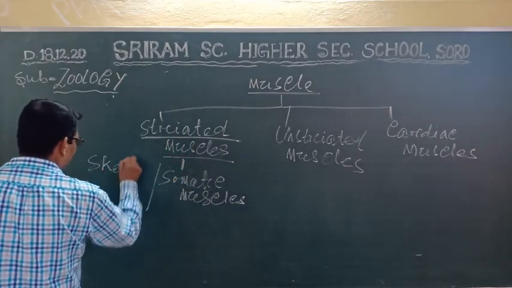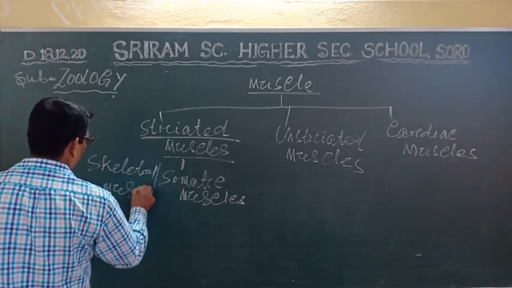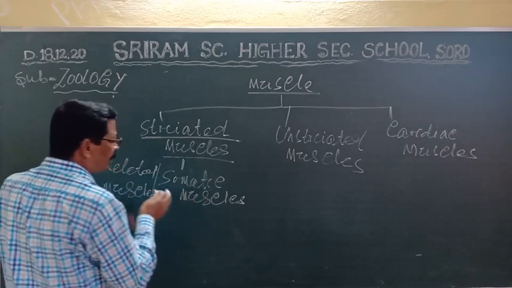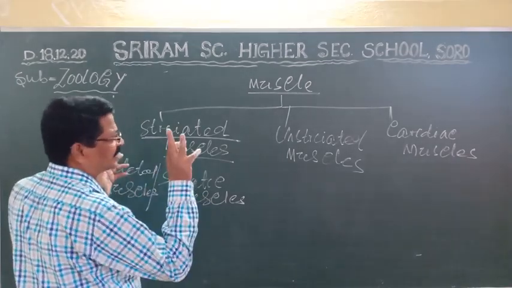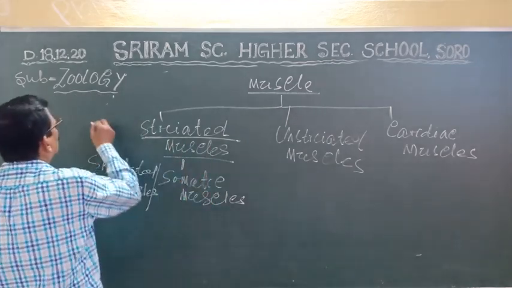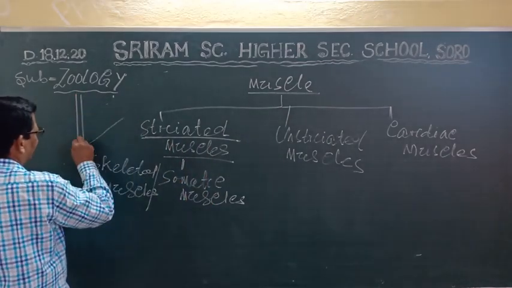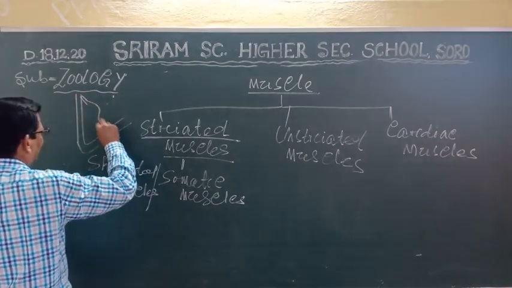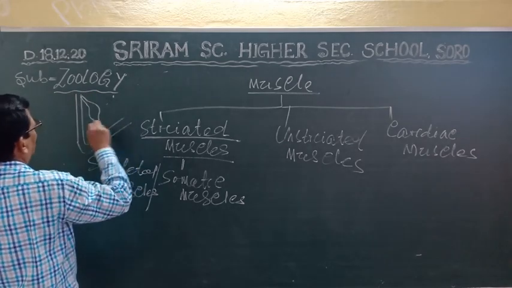Why is it called skeletal muscle? Because its two ends are attached to the bones. Suppose this is the arm and this is another. Suppose this is the muscle and here these are the two connections of the muscle.